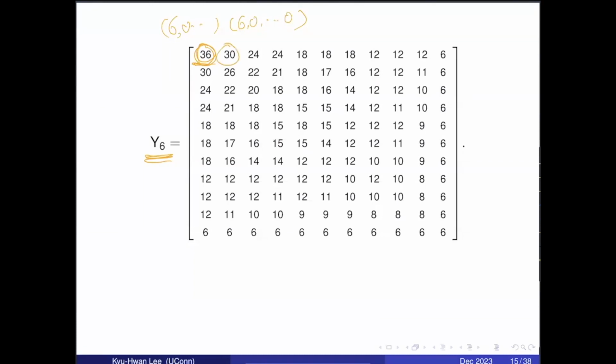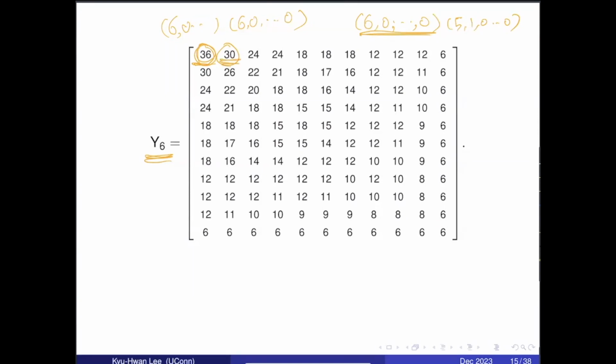This number 30 represents the inner product of this partition vector with this partition. Because they are similar in some way, we have a high number.